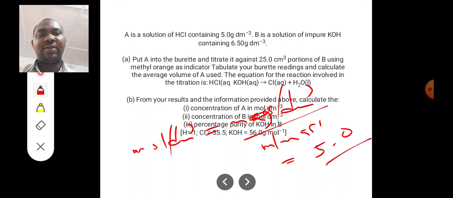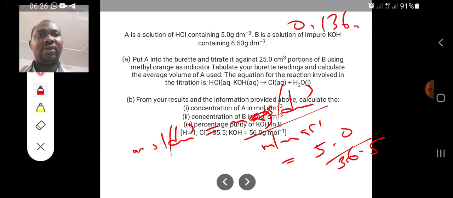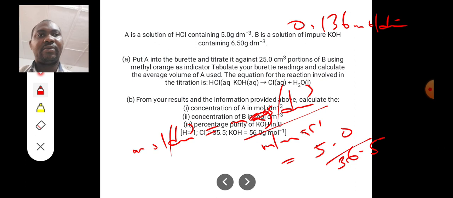The molar mass of HCl is 36.5. If we divide 5 by 36.5, that's going to give us 0.136 mole per dm cube.